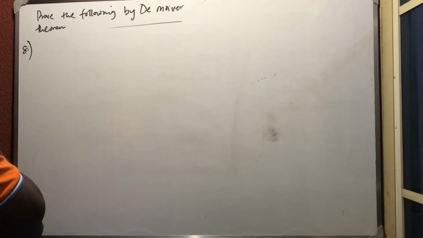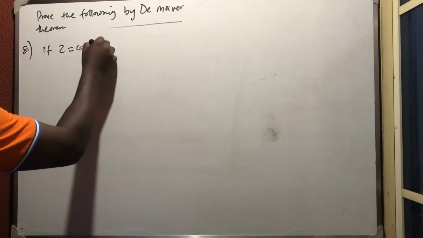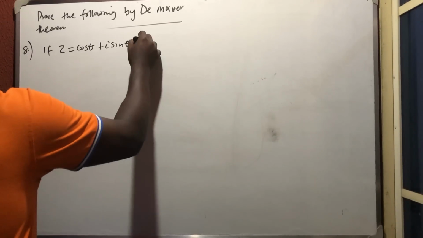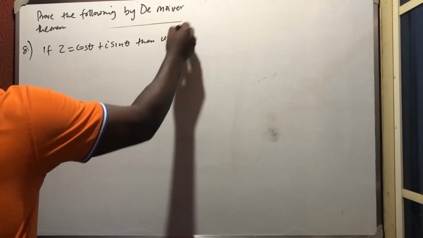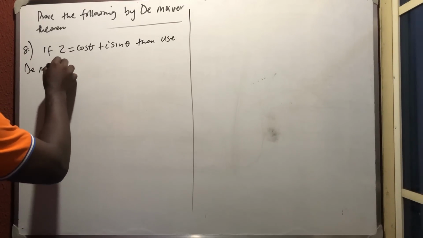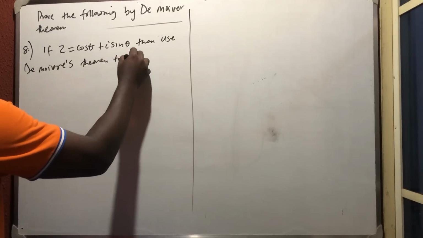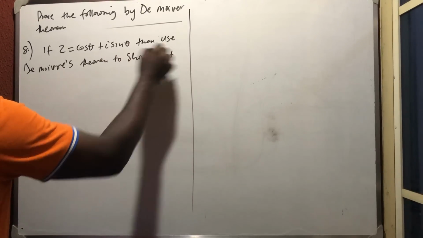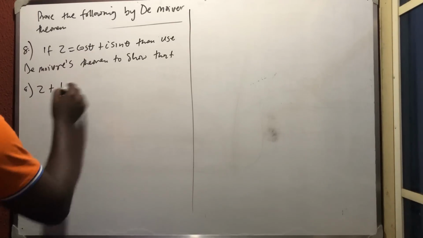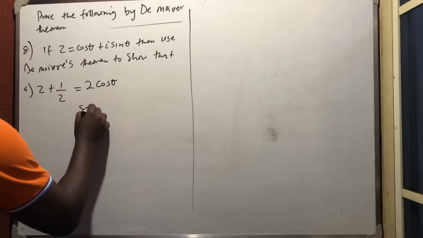Question number 8 said that if z is equal to cos theta plus i sine theta, then use the Moivre's theorem to show that a, z plus 1 over z, is equal to 2 cos theta. Okay, let's show that solution.